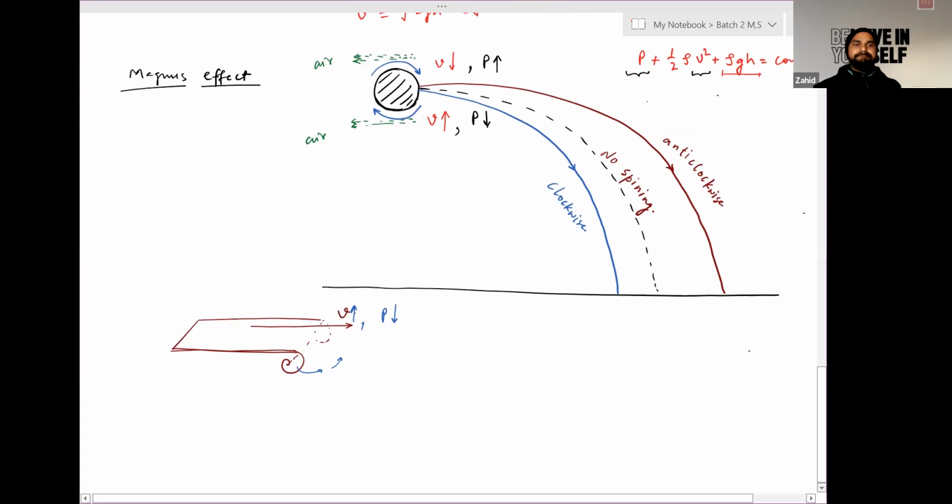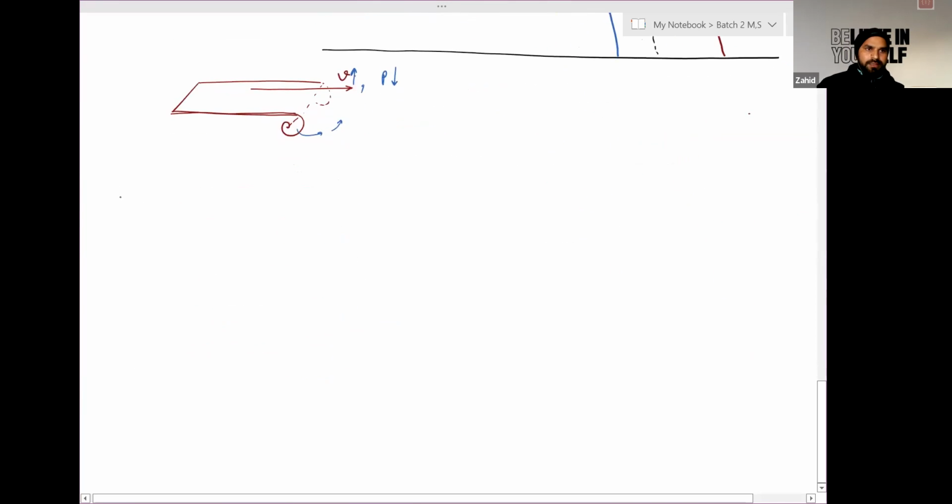Due to this effect, we can explain the takeoff of an aeroplane.